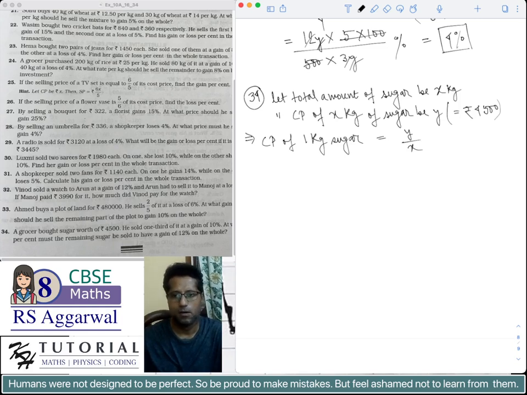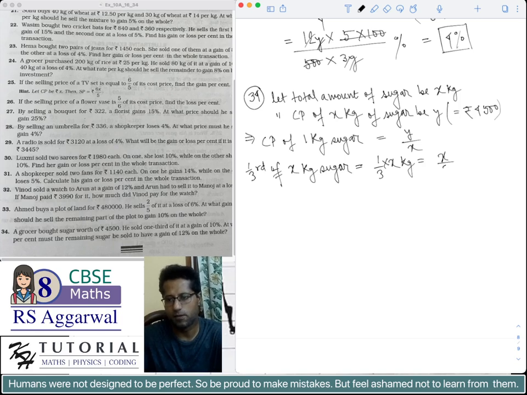Now it is given that he sold 1/3 of it at a gain of 10%. One-third of X kg of sugar is equal to 1 by 3 multiplied by X kg, that is, X by 3 kg.